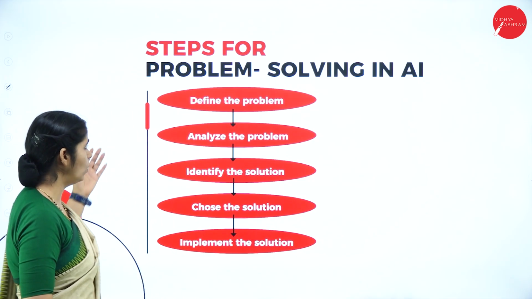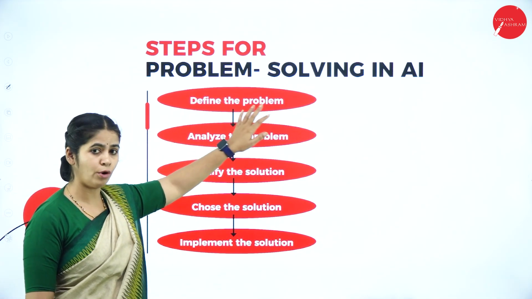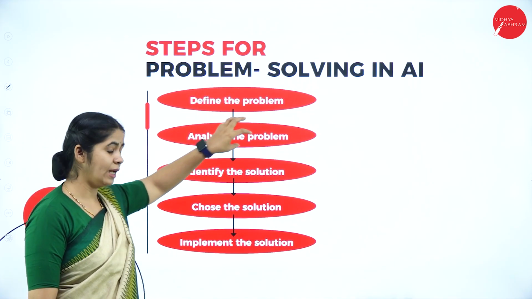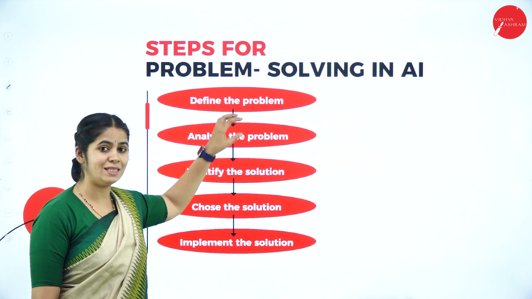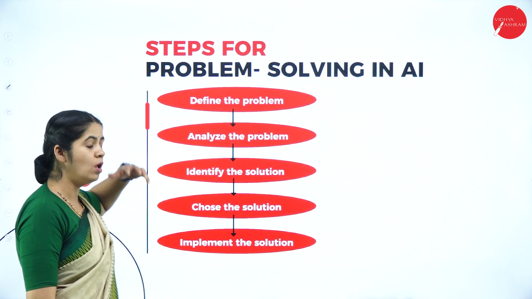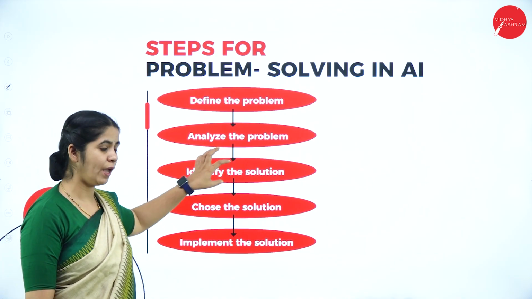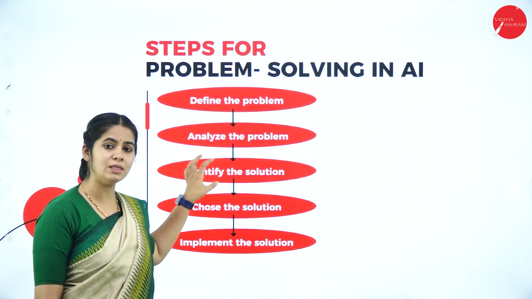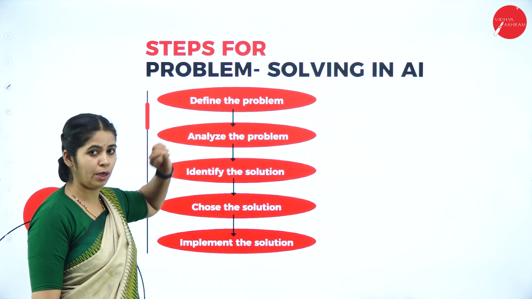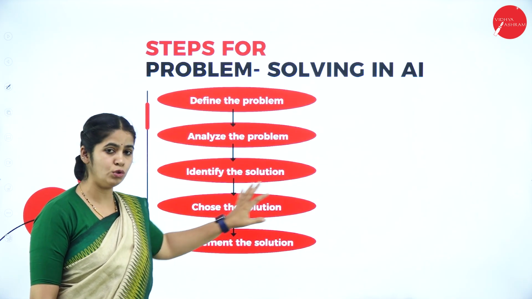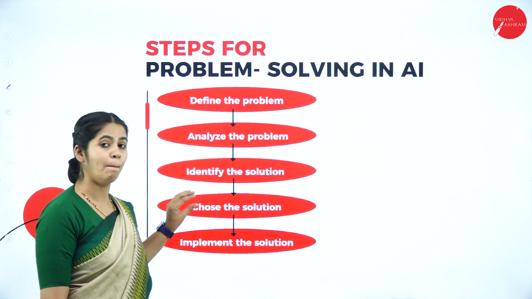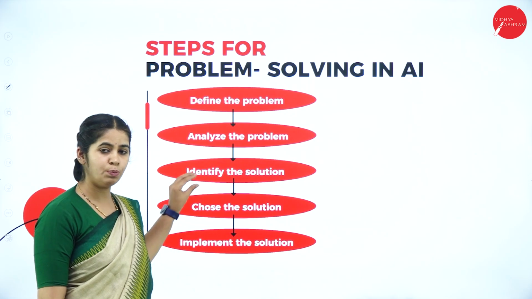So here it goes: defining the problem. First we should define what the problem exactly is, then analyze that particular problem, what is inside it and what resources you need to solve it. Then identify the solution: what all the possible solutions you can get if you utilize these resources for this problem.